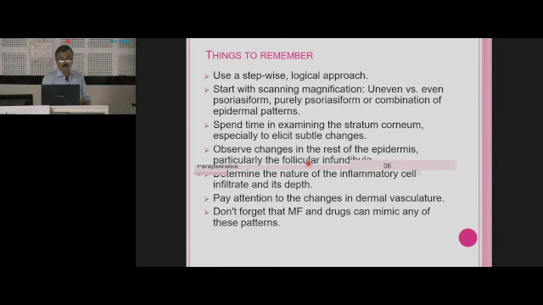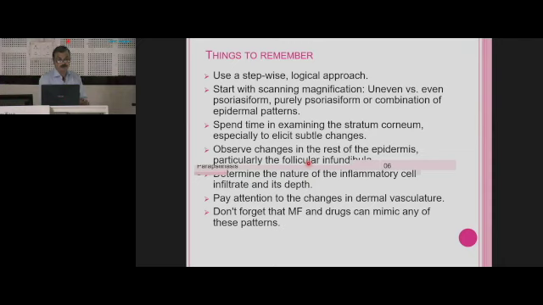Observe the changes in the rest of the epidermis, particularly the follicular infundibula, because certain conditions are ruled out if there is infundibular plugging. Determine the nature of the inflammatory cell infiltrate and its depth. Pay attention to the changes in the dermal vasculature.